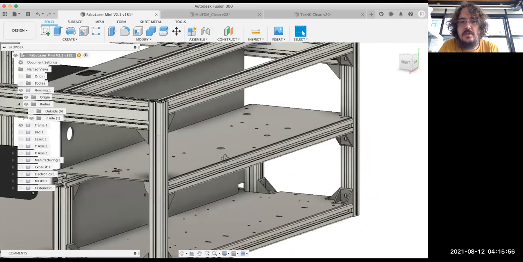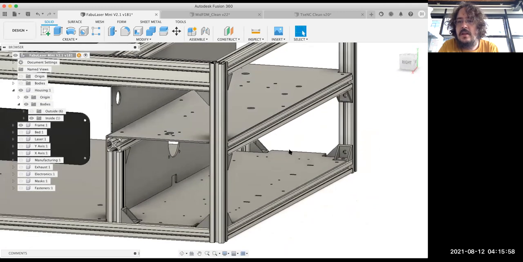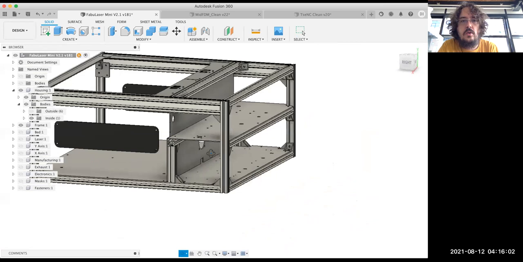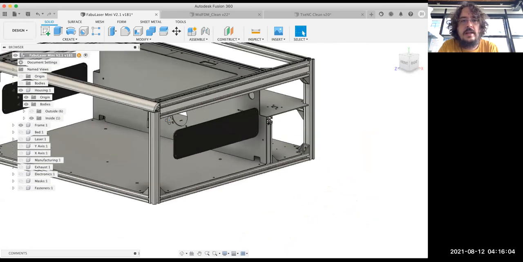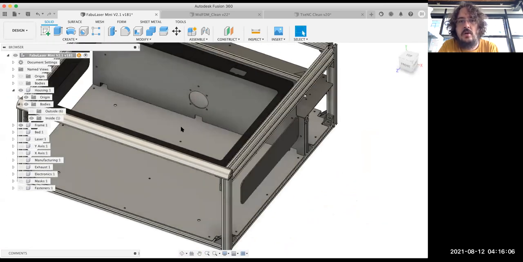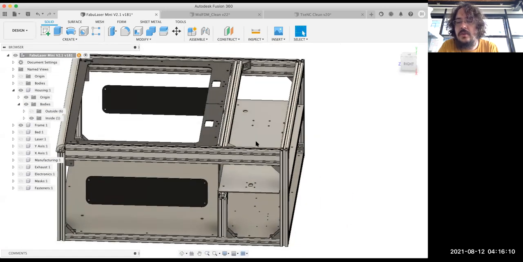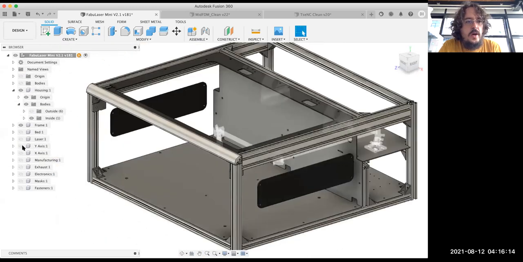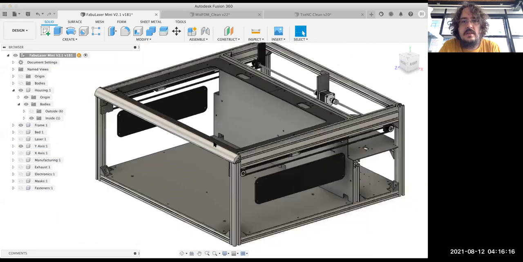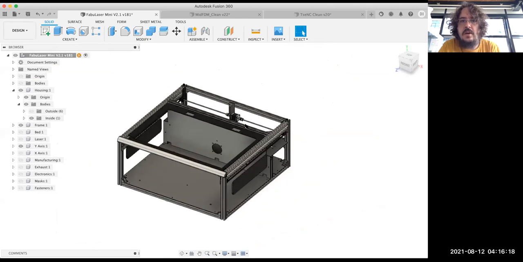And you see this material has been used just to create some reference planes where I would place the electronics and the laser tube, and to enclose and to separate the laser cutting chamber, so where I'm going to cut, from the rest of the electronics and the mechanics.